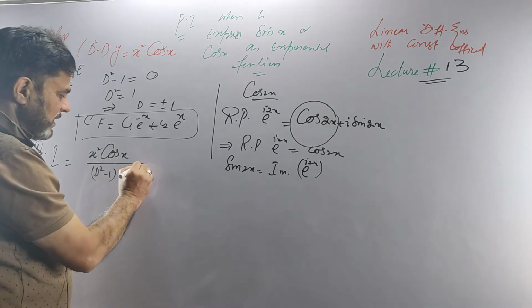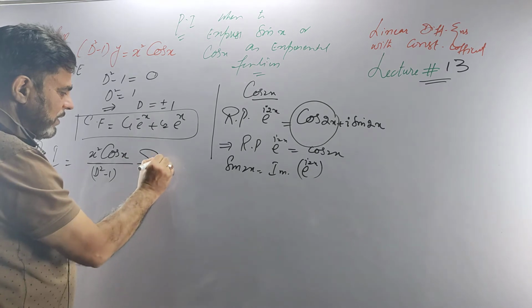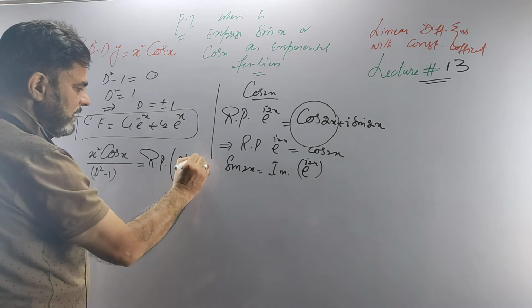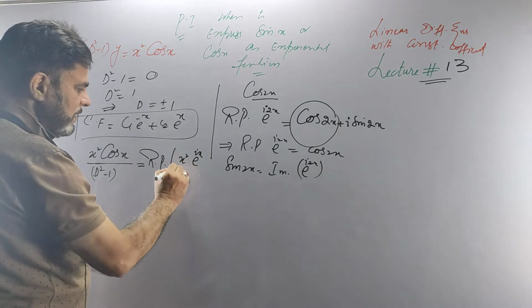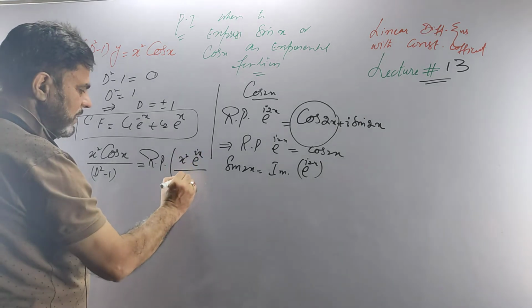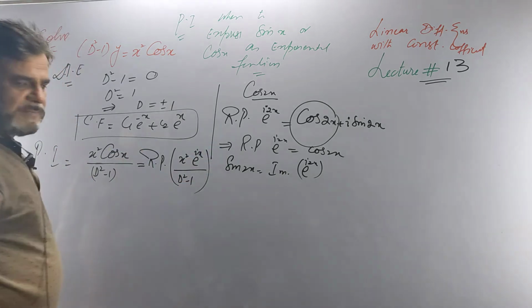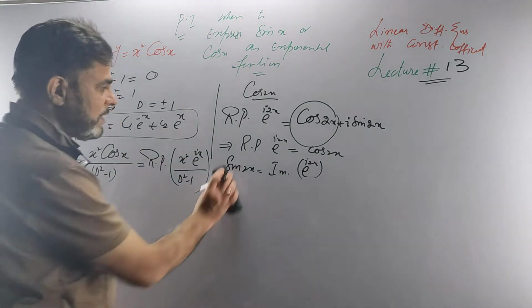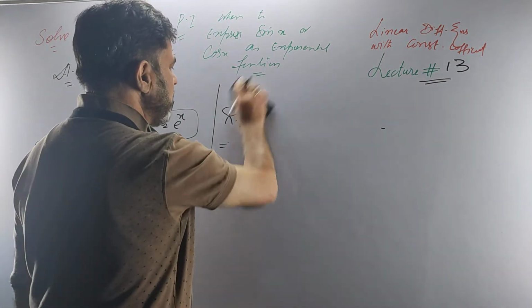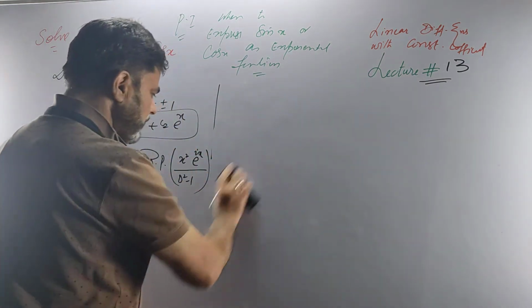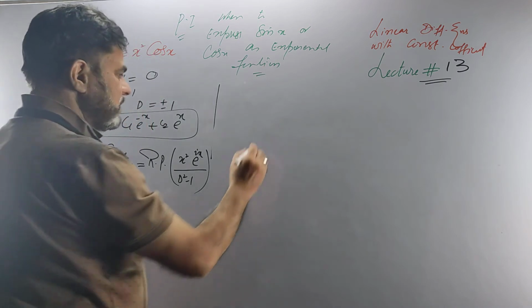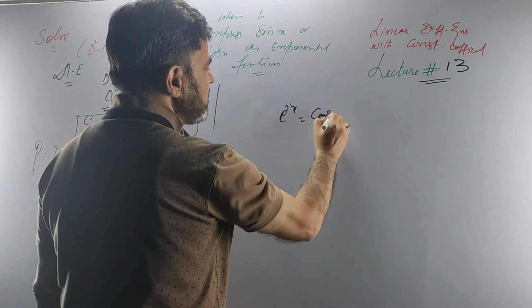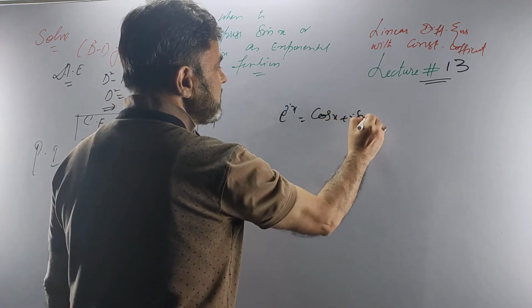How do I go? I will convert this cos x into the exponential. I will write this as actually the real part of x square e raised to the power iota x by D square minus 1, because when you open e raised to the power iota x, you write e raised to the power iota x is your cos x plus iota sine x.